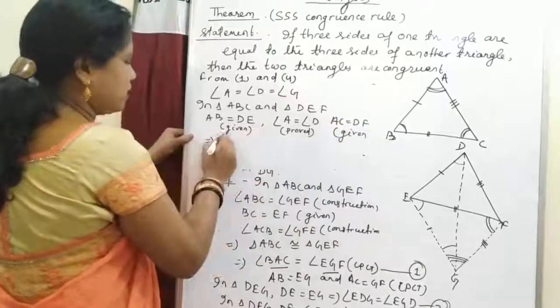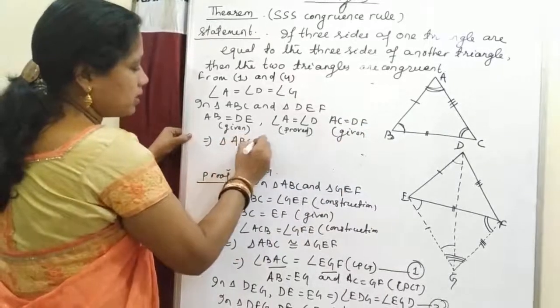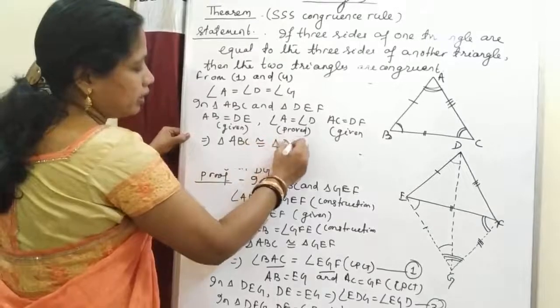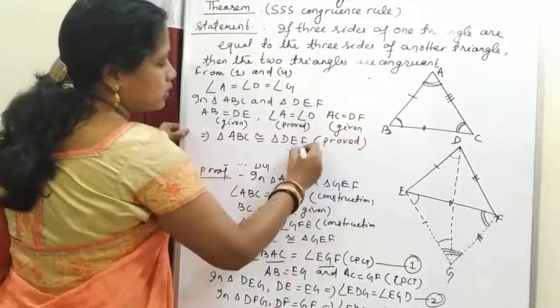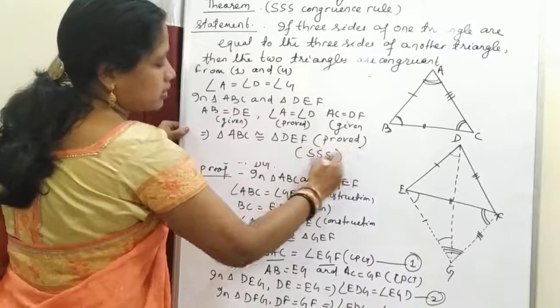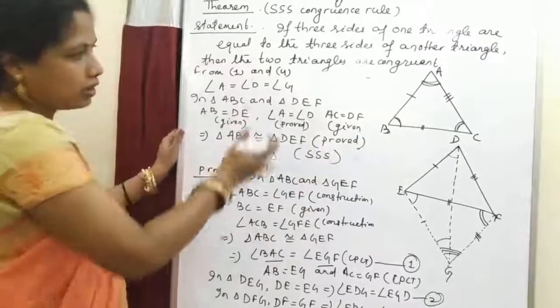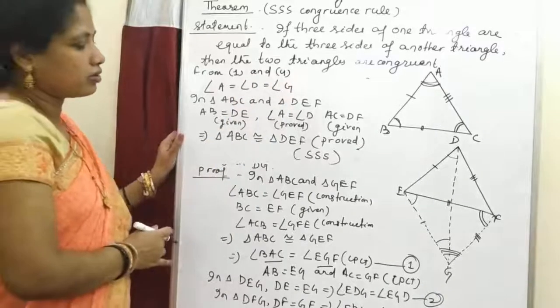So this implies triangle ABC is congruent to triangle DEF. So this is proved by the rule SSS. In this way you can prove the SSS congruence rule.